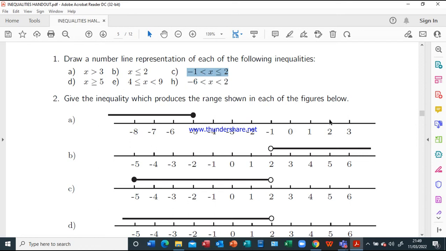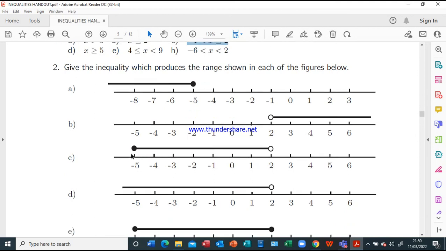So that means our X here is lying between 2 and -1, but -1 is not included while 2 is included. Have you followed me? Yes, sir. So between -1 and 2, but 2 is part, -1 is not part. That's the meaning of C.